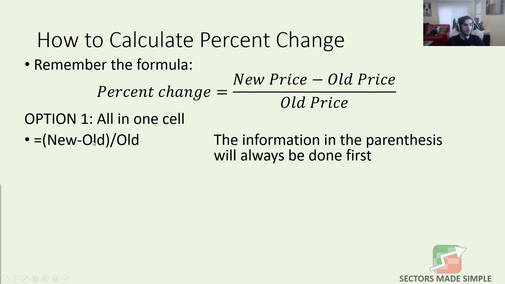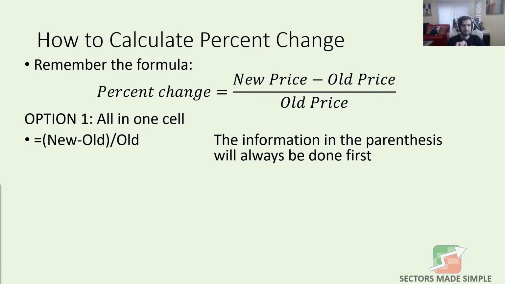New minus old. The information in the parentheses will always be done first. So by doing this, we're telling it, first thing, new price minus old price. Second thing, whatever that number comes out to be, divided by the old price.